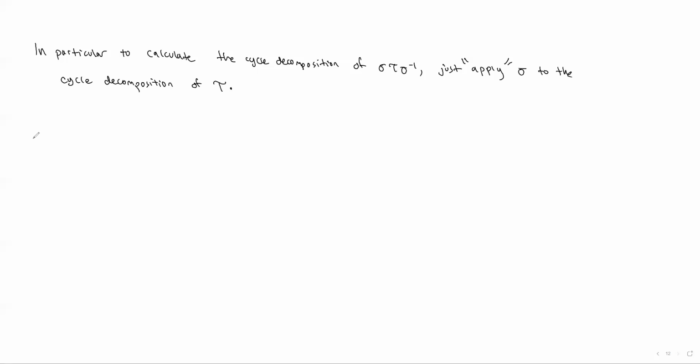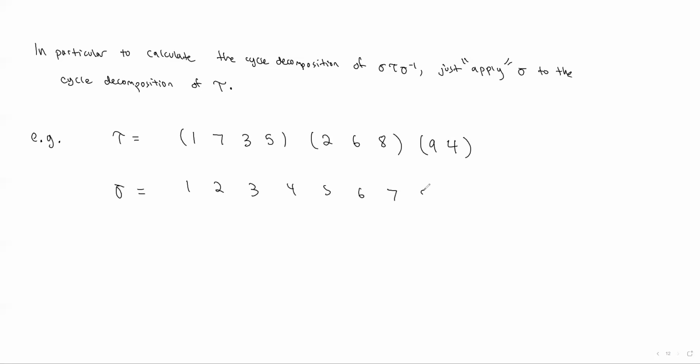So for example, let's say tau is (1 7 3 5)(2 6 8 9). What element do I have left? 4. And let's say sigma is 1, 2, 3, 4, 5, 6, 7, 8, 9.